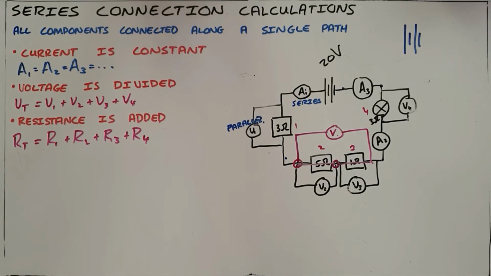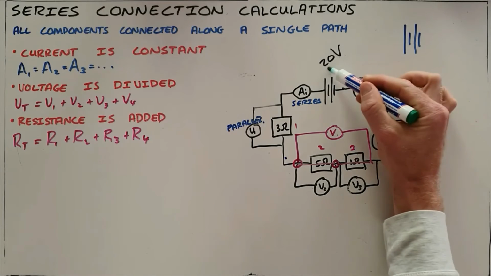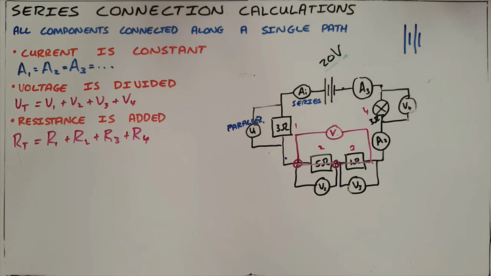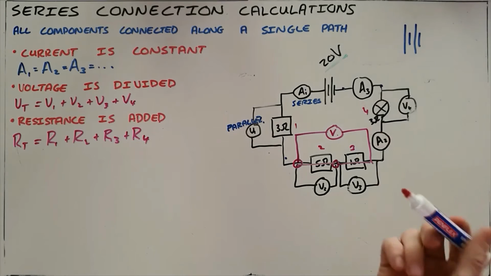Once we understand the three rules behind a series connection, we can then use Ohm's law to calculate unknown values within that circuit. So in this example, if we want to find the current in the circuit, since we already know the total voltage provided by the battery, we would start by calculating the total resistance.